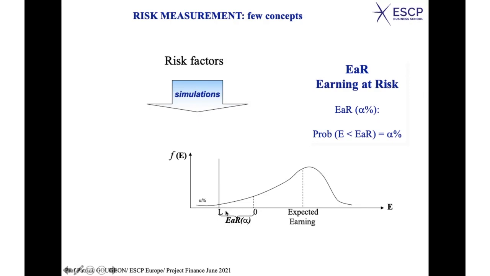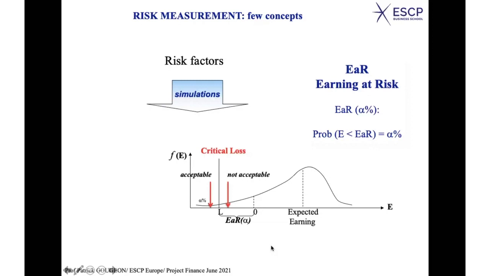And then you have different situations. If your critical loss is there, the first red arrow, you see that it is not acceptable. Why? Because if your critical limit is there, it means that the probability of earnings below that line is higher than alpha%. So it's not acceptable. It's exactly the same approach.